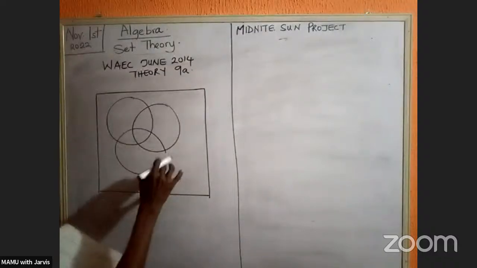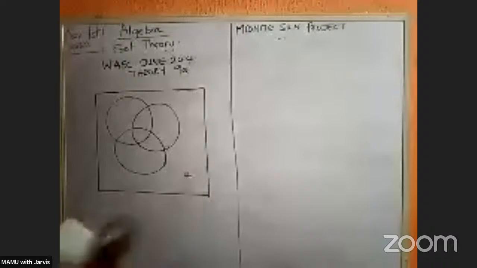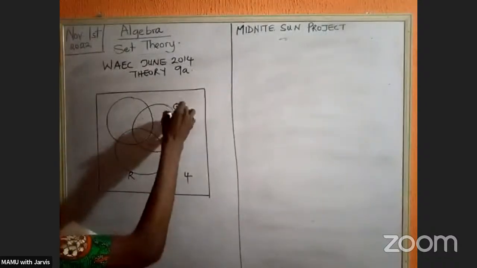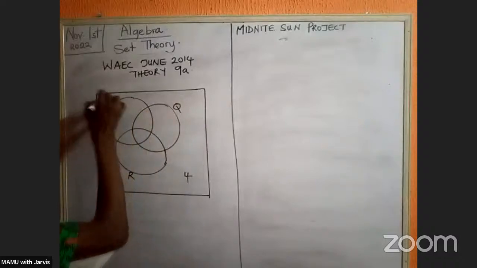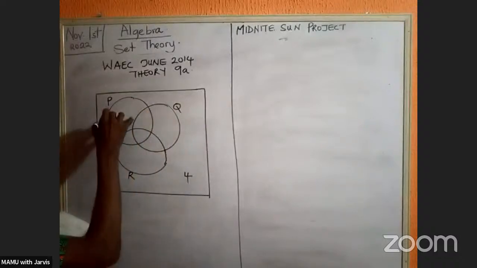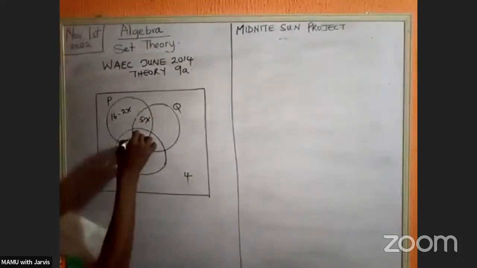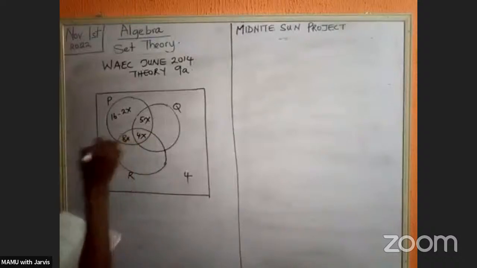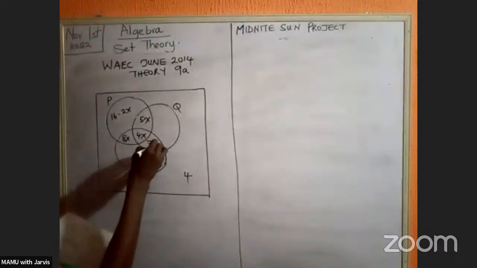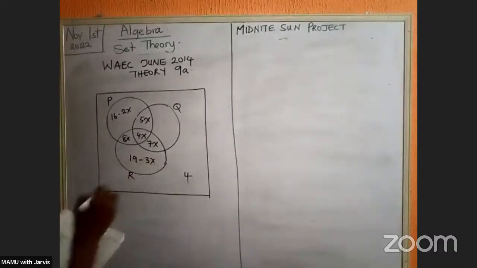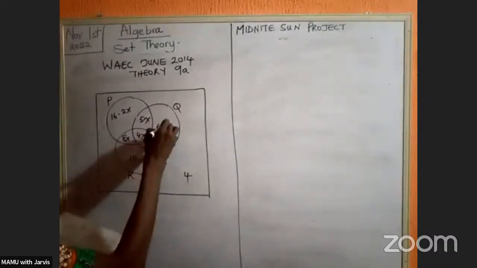Now, in this question, be very careful. There's a 4 here. Be careful with that. The values are 16 minus 5x, 4x, 8x, 7x, 19 minus 3x, and 6 plus x.